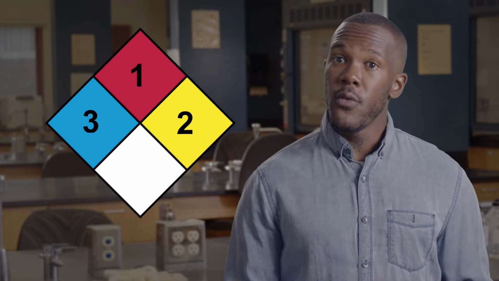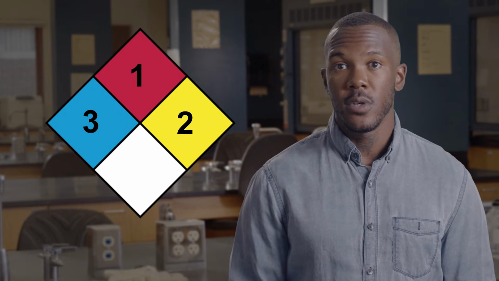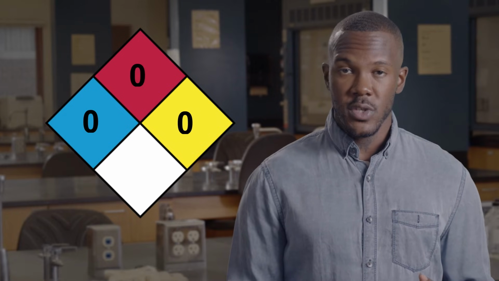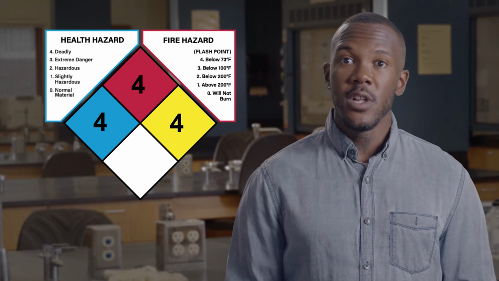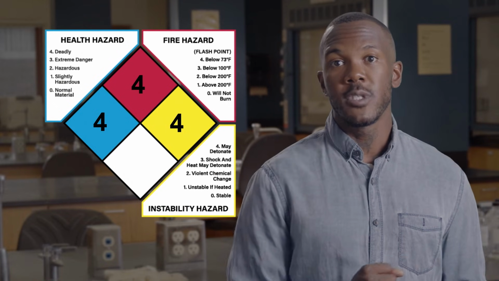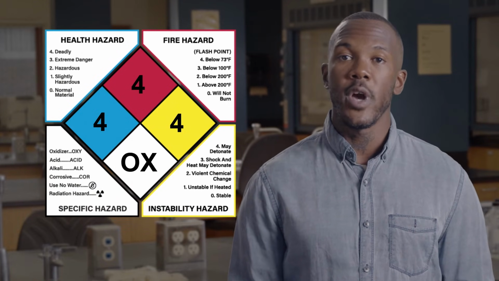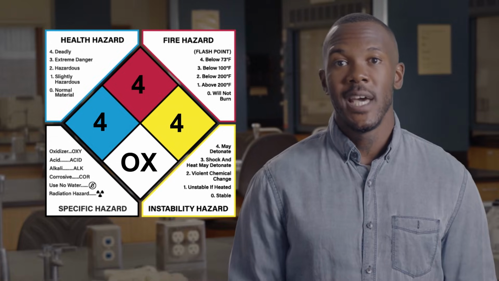Numbers from 0 to 4 indicate hazards for firefighters. 0 means non-hazardous and 4 means very hazardous. Colors define the type of hazard. Red indicates flammability, blue a health hazard, yellow an instability hazard, and white is for special instructions such as OX for oxidizers present. Keep in mind that information resources can only state hazards, not assess risks.